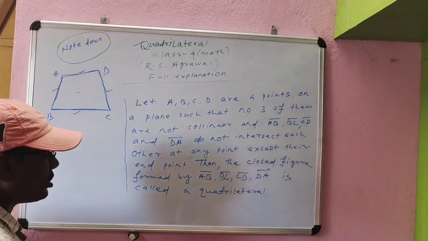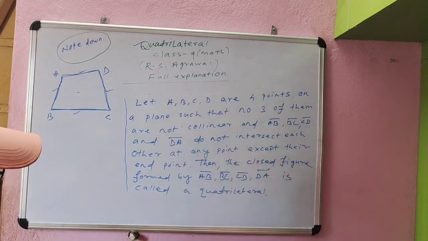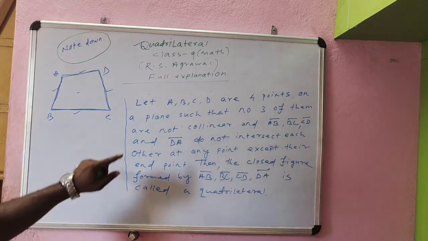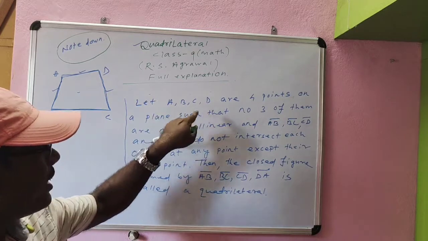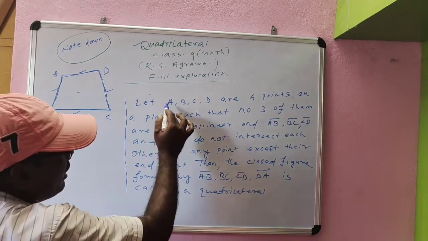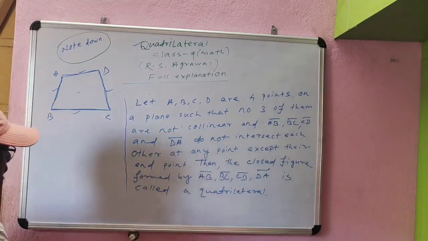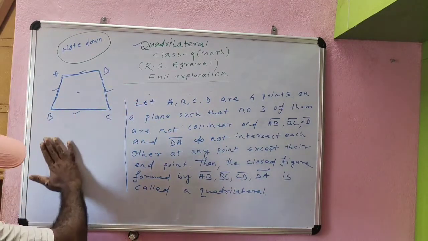So let's understand the definition. Here it has been written that A, B, C, D are 4 points on a plane.